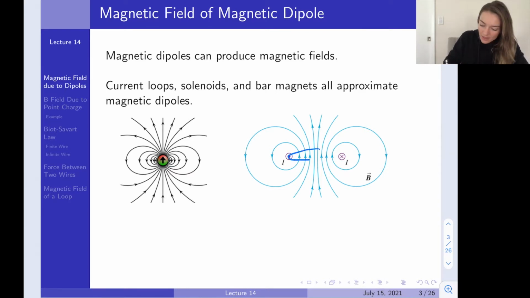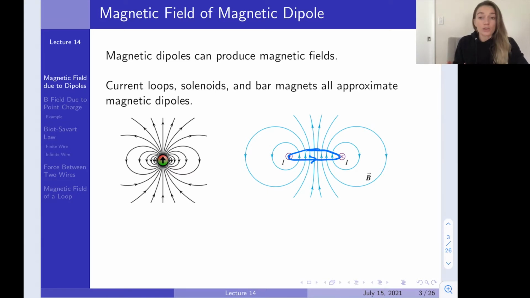So we have a current loop shaped like this, where the current is coming out of the page here and then going back into the page there. When we have a current loop like this, it will create a magnetic field that loops around on either side like this, and then goes back out and comes in at the bottom here. So you can see these two are very similar. This is the physical realization of this perfect dipole.